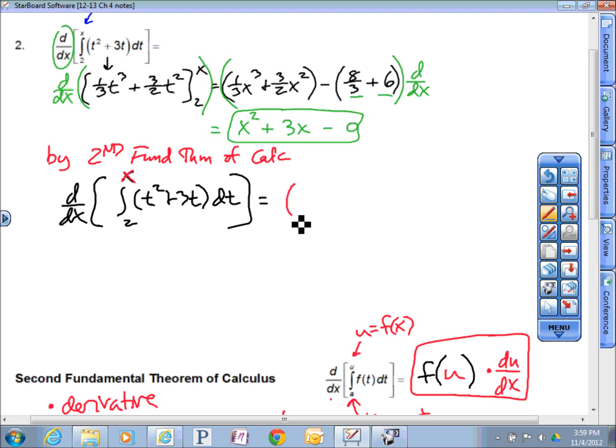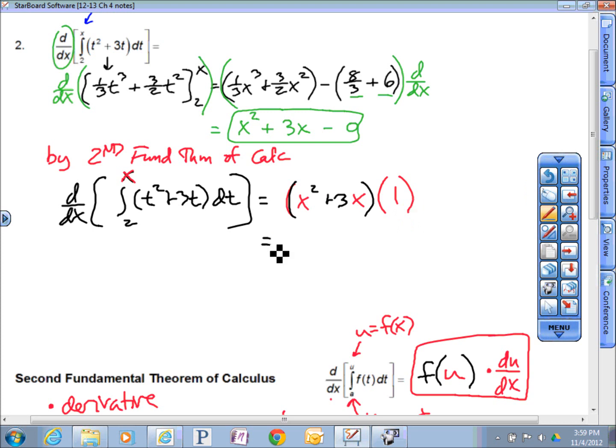So I'm going to have x squared plus 3x, and I'm going to multiply that by the derivative of x, which is 1.